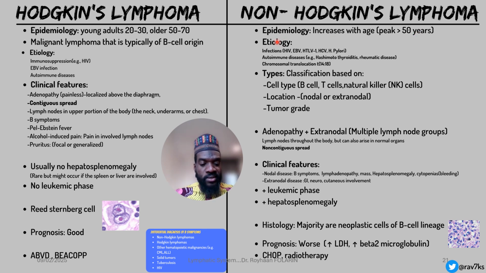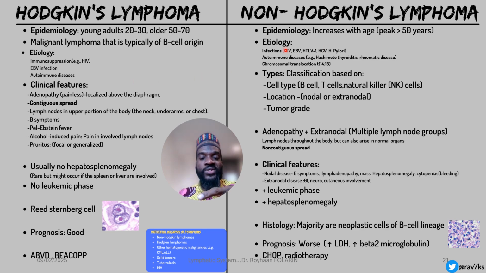As regards etiology, both types have association with infections and immune dysfunction. For Hodgkin lymphoma, immunosuppression is a cause. You also have Epstein-Barr virus infection, and then autoimmune diseases.